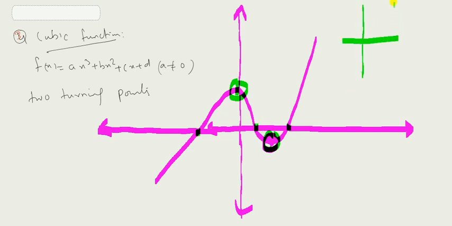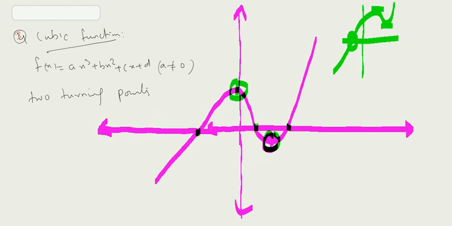Sometimes we may get it like this also. Here you see there are two turning points, 1 and 2, but it is not meeting the x-axis 3 times. That means there is only one real zero. This point means real zero, and the other two zeros are imaginary zeros. But here we will have 3 real zeros.